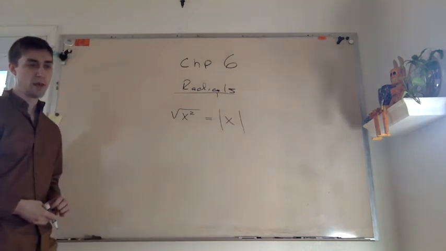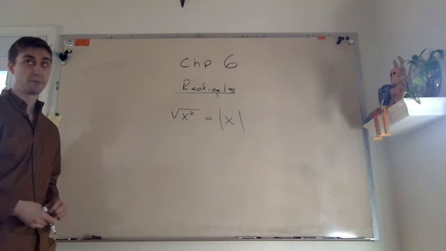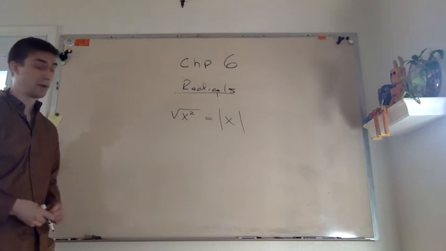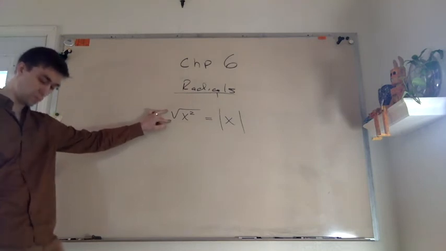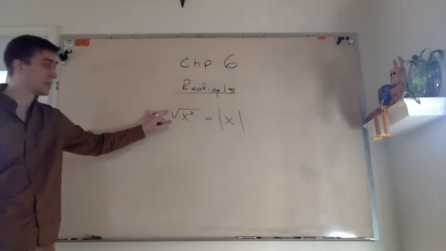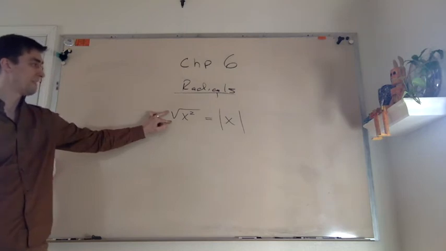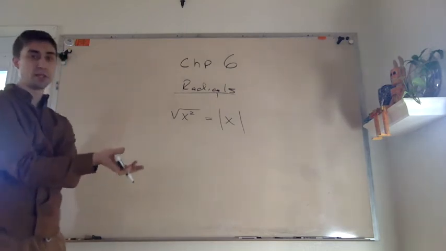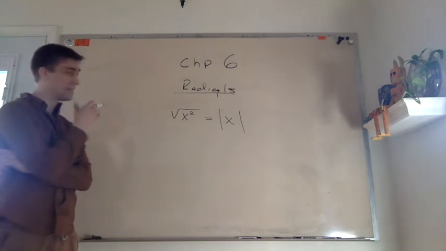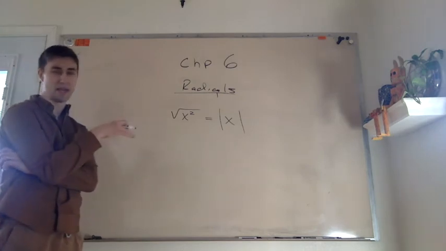As you continue in algebra, and if you take college algebra, or even further to calculus and so forth, this is a really good thing to remember. I mean, it's been very helpful for me. For us in this chapter, in chapter 6, we don't deal with it. We kind of put a band-aid on it.